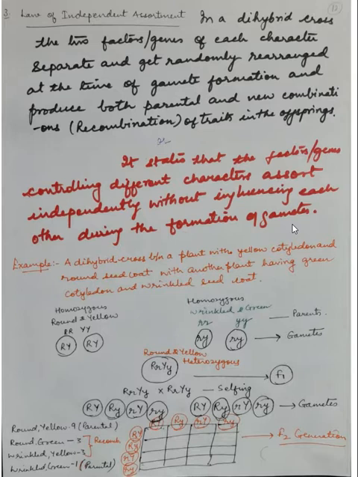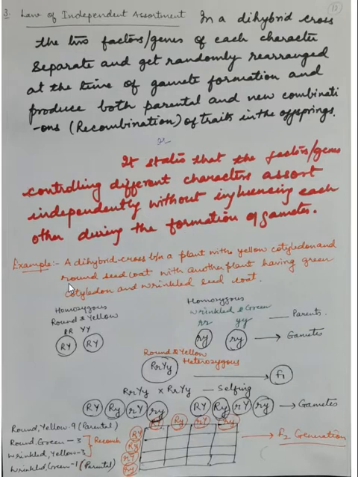So that was for one character, and here it is for different characters. So genes which are controlling different characters assort independently, without influencing or affecting each other, without mixing with each other, and this takes place at the time of gamete formation.